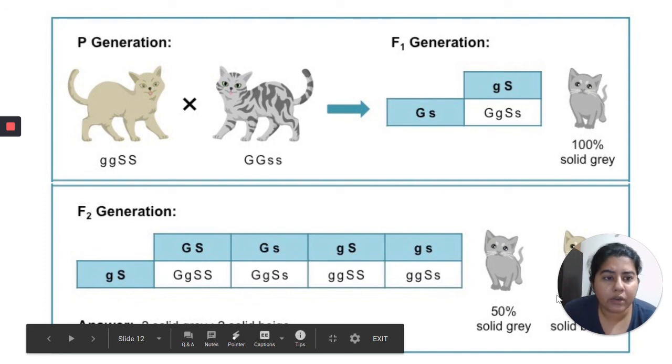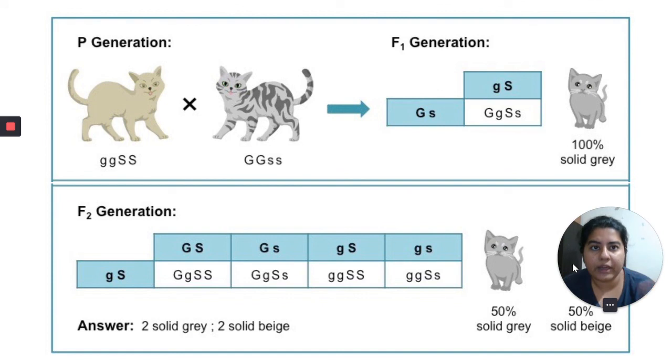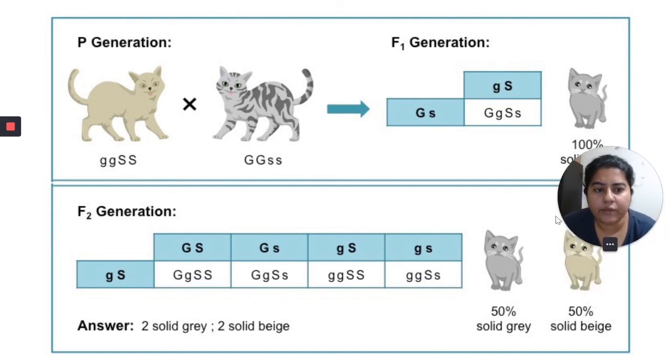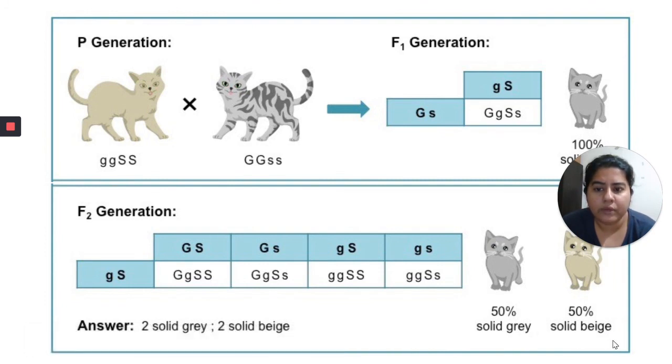Once you get your F2 and F1, always remember to write the genotypic and phenotypic ratio. In this case, the F2's genotypic ratio and phenotypic ratio is given over here. It's 2:2, the phenotype. So it's 50% solid grey and 50% solid beige.